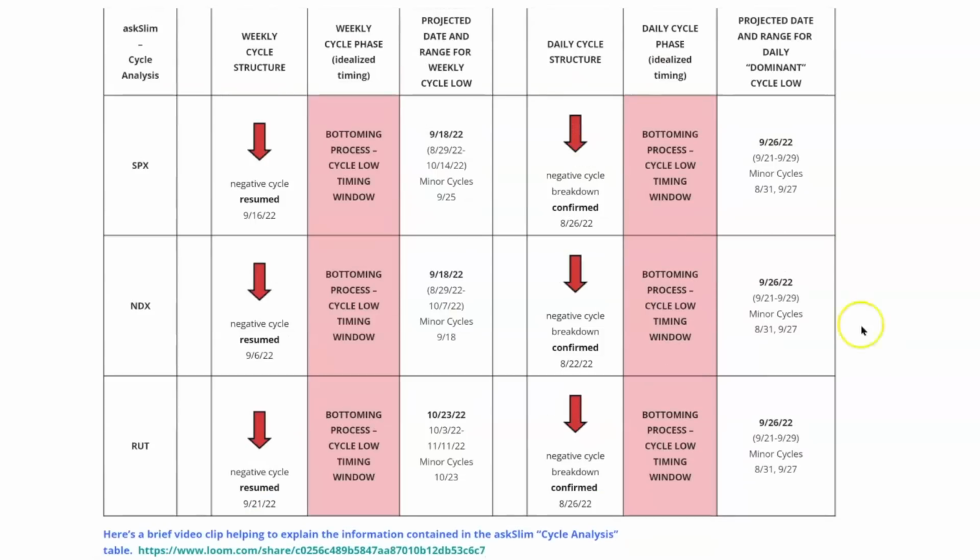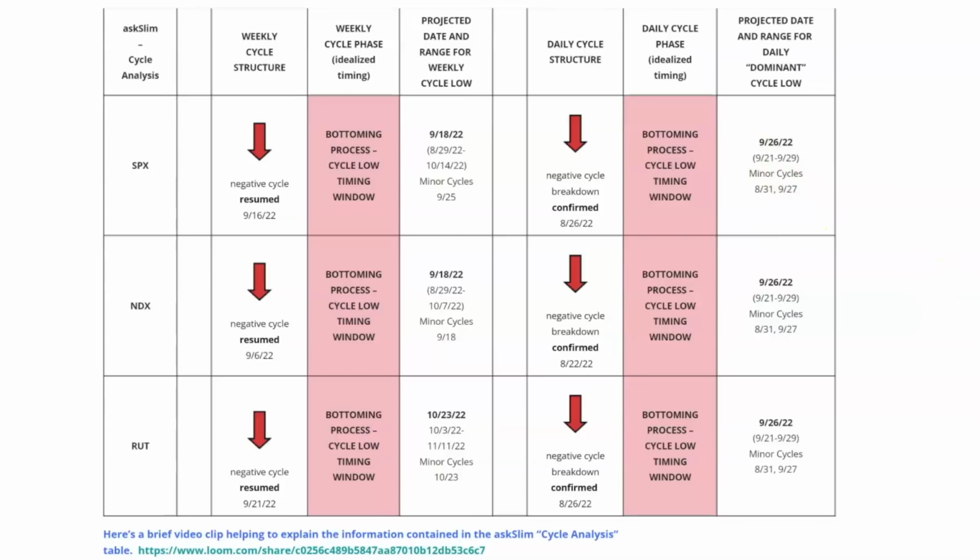The weekly and the daily cycle structures are negative, and they've been that way for a while, and really have set up this big decline that we're in the stock market. You can see this negative configuration confirmed on August 26th, and then you got this big decline. And the projected range for the lows for the cycles was somewhere out here, 921 to 929, and you can see that's what I've been telling you. And this projection has been there for a while.